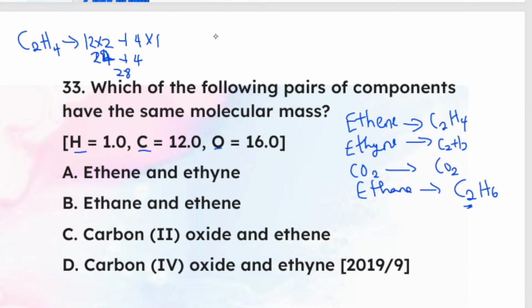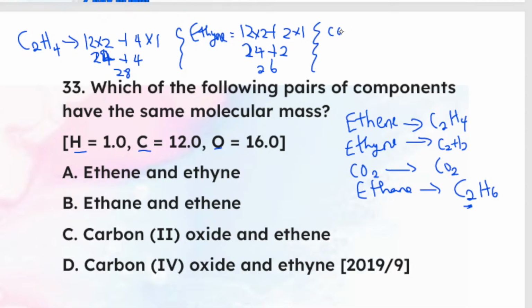Okay? So we have ethene as 28. Then we have ethyne, okay? So ethyne would be carbon 12 times 2 plus 2 times 1. 12 times 2 is definitely 24 plus 2, that's 26.